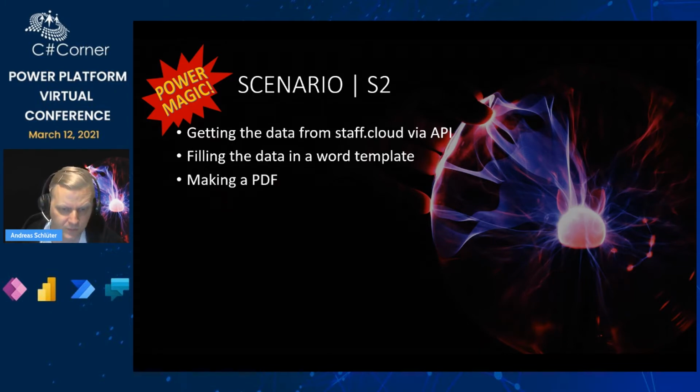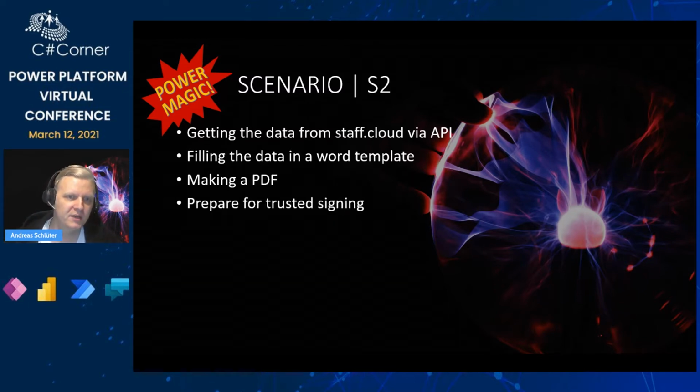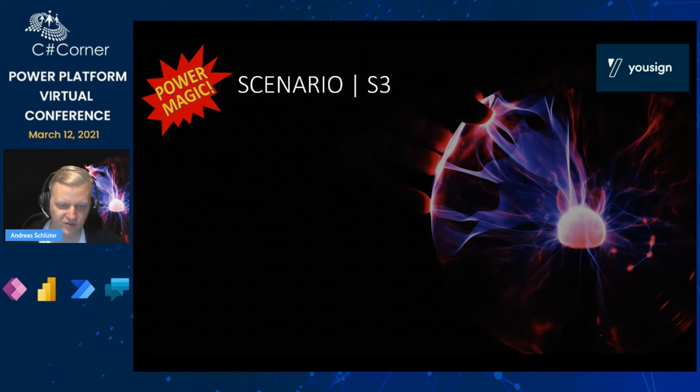From the template, we create a PDF, and this PDF will be prepared for the trusted signer. The documents will be stored, and then we send them to the professional signer. This is step 3.